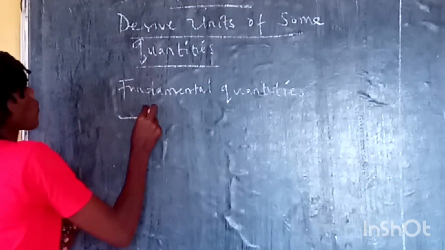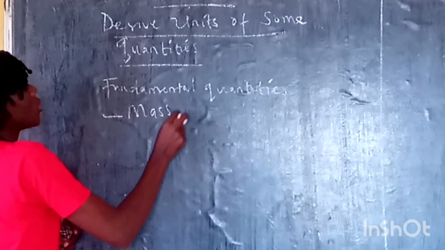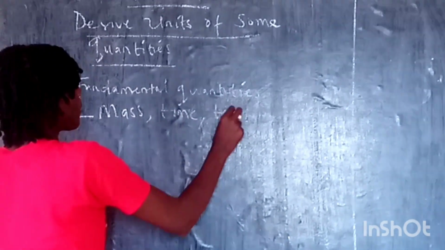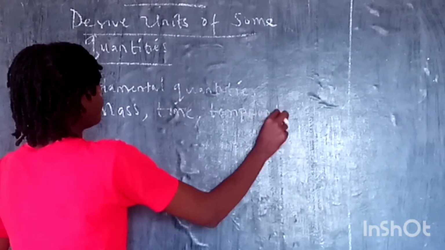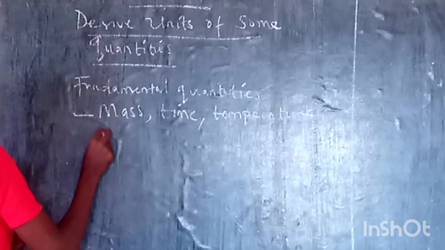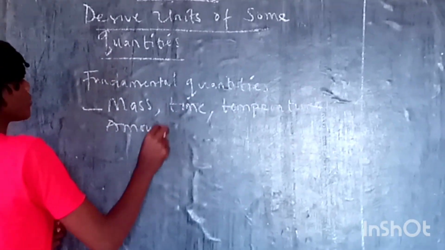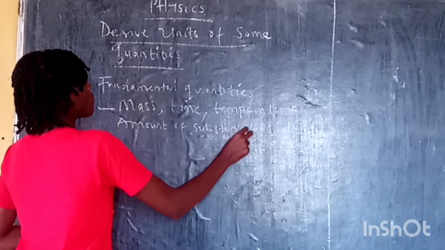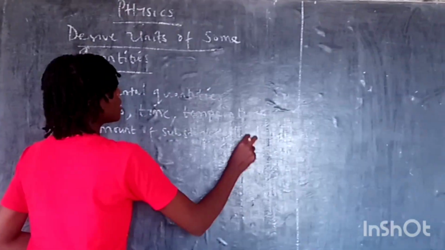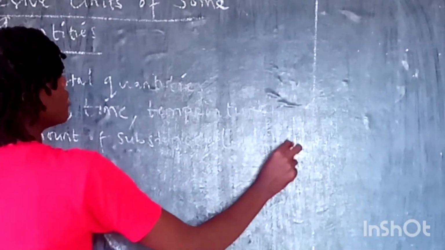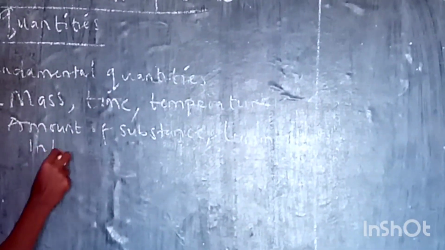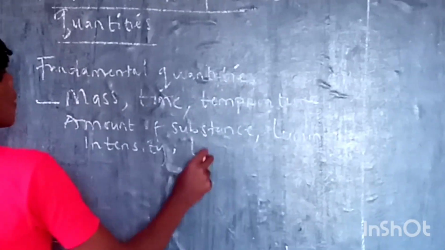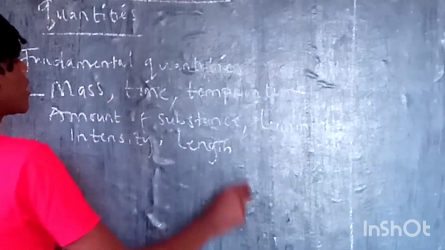We have mass, we have time, we have temperature, we have amount of substance, we have luminous intensity, and we have length. Let me see, keep it up to 7.